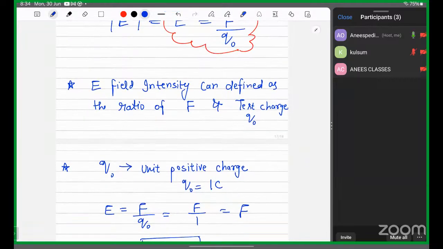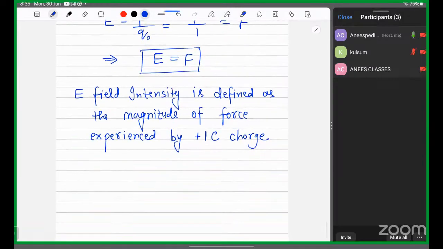So E is equals to F by Q naught, and E is equals to F if Q naught is 1 coulomb. So electric field intensity is defined as the magnitude of electric force experienced by plus 1 coulomb charge due to the source charge, obviously. And remember, this force is electrostatic force. So I am not writing it again and again, force means here electrostatic force.